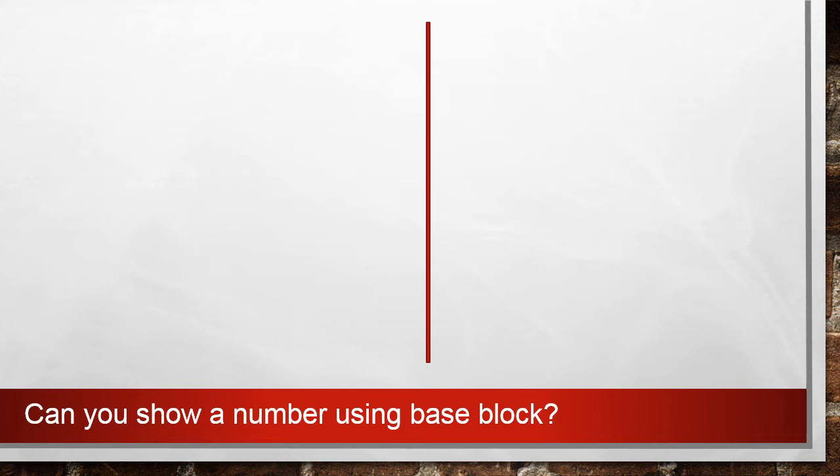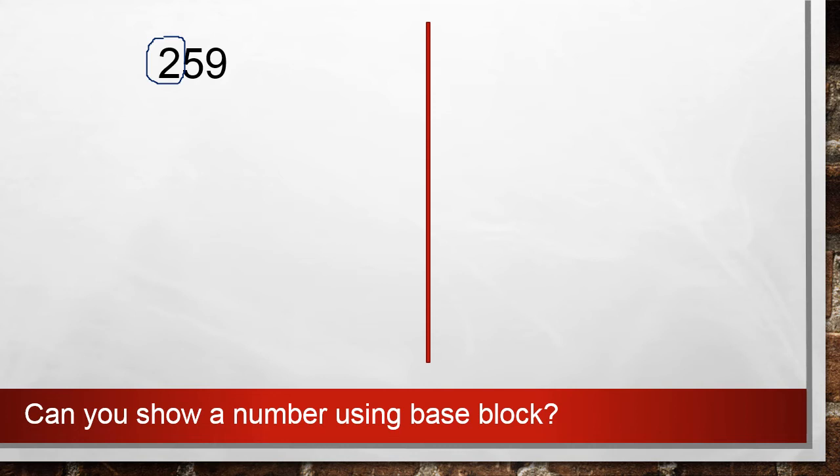Can you show a number using base blocks? 259. Do you know how many hundreds block that we need? How many tens block that we need? And how many ones block that we need? The first digit represents the number of blocks of hundreds.